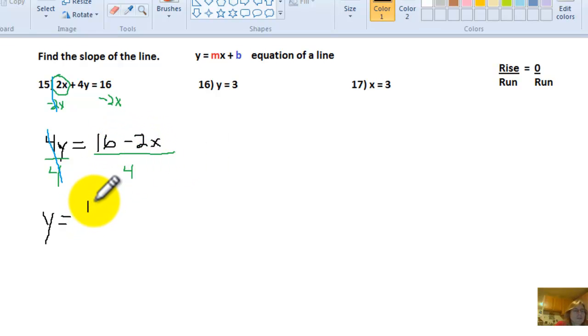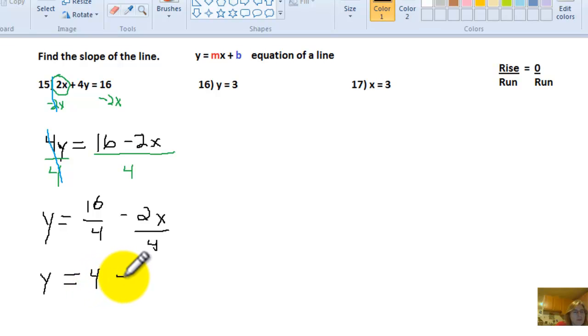So we're going to have 16 divided by 4 minus 2x over 4. We are going to simplify these fractions. So we will have y equals 4, because 16 divided by 4 is 4. And we will have 2/4 reduces to 1/2, and then you have minus 1/2 x.